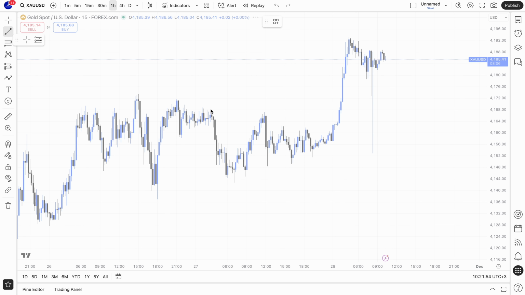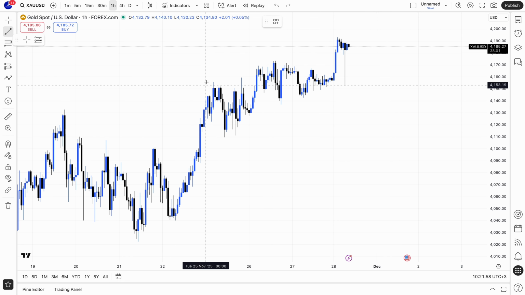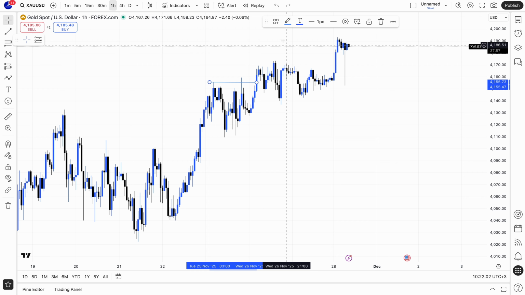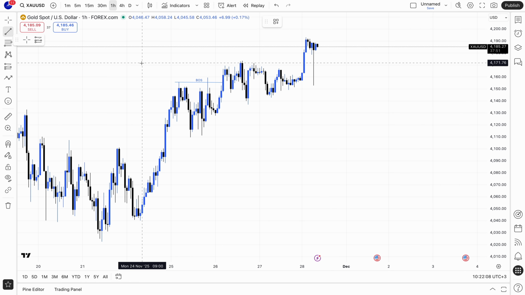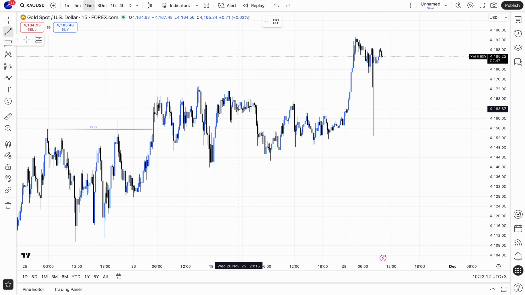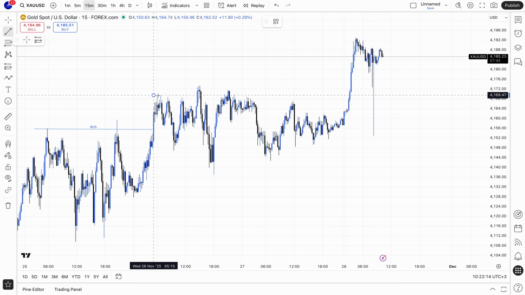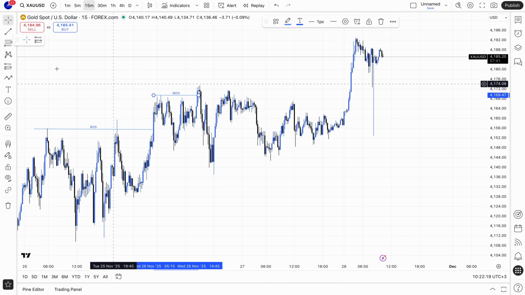Then for gold, the bias is very, very simple. Have a pullback, you can see it. Then you have another break of structure to the upside. Then you have our break of structure to the upside, internal structure.